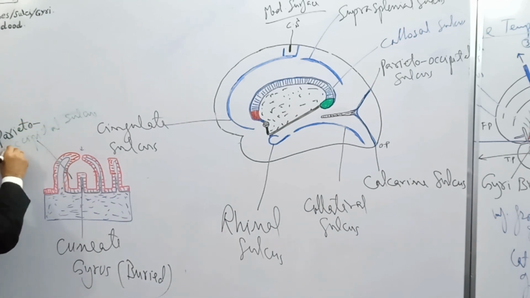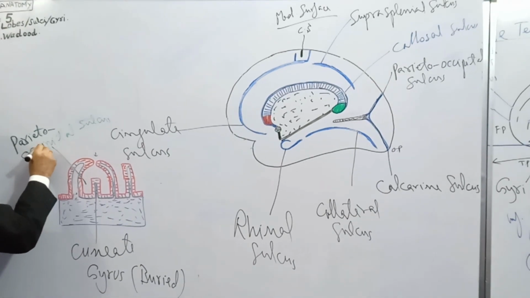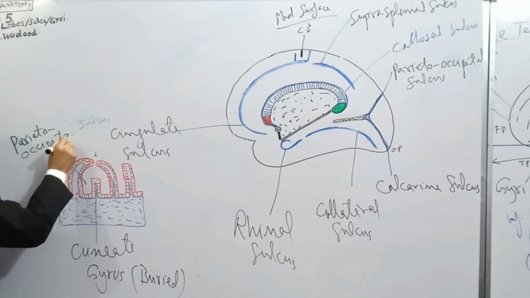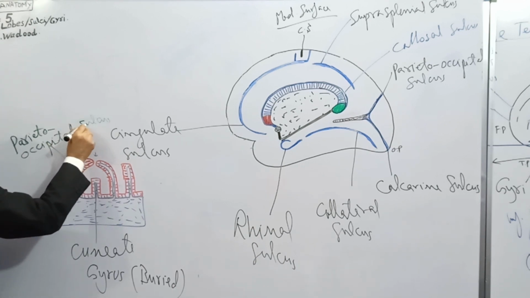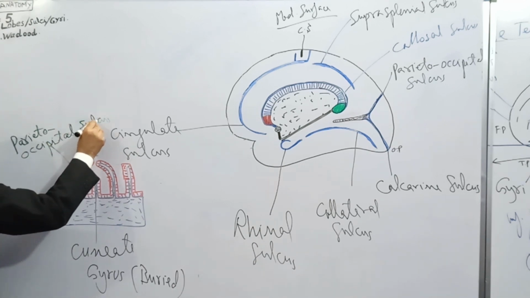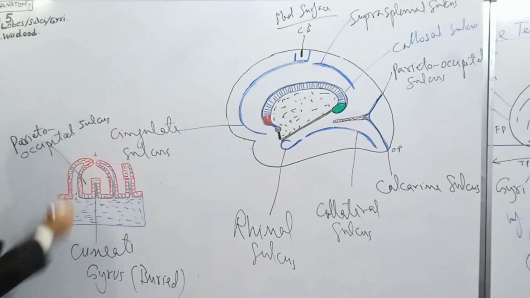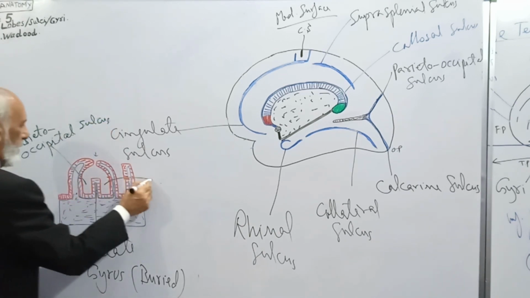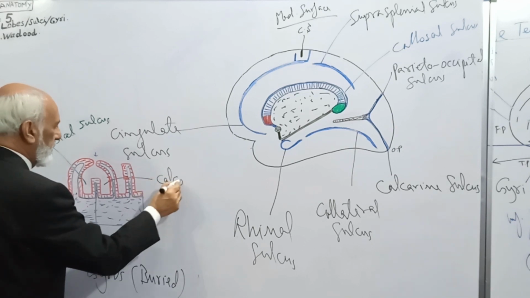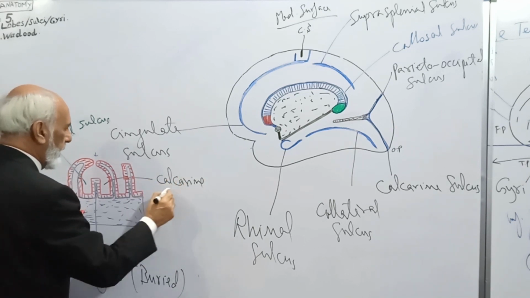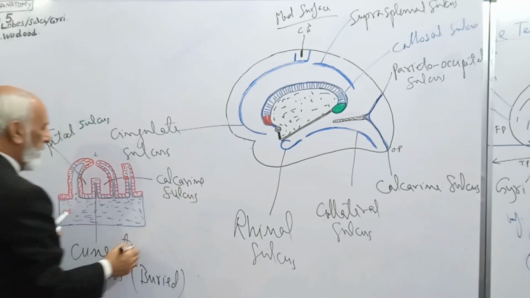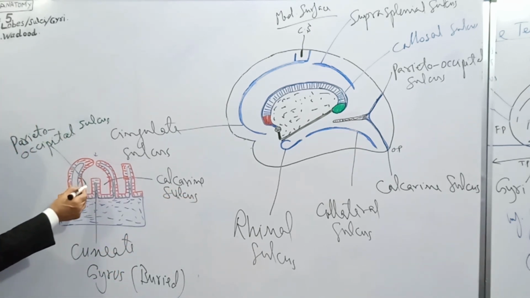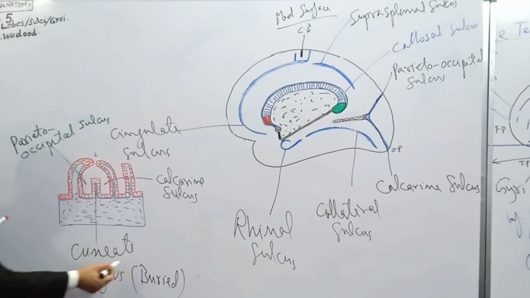So this is parieto-occipital sulcus. And this one is the calcarine sulcus. And these two sulci are separated by a buried gyrus known as the cuneate gyrus.